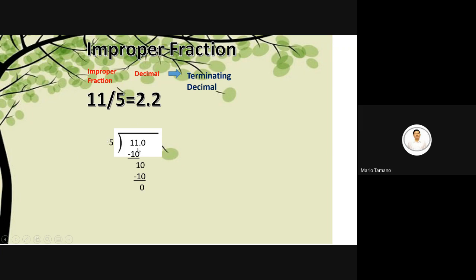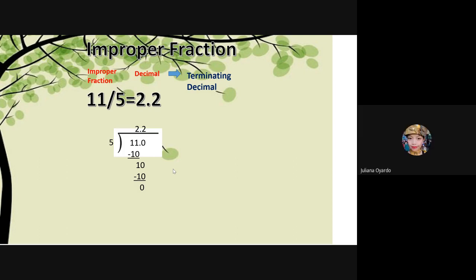So nag-add tayo ng 0, that is point. So ano sagot natin? So 2.2.